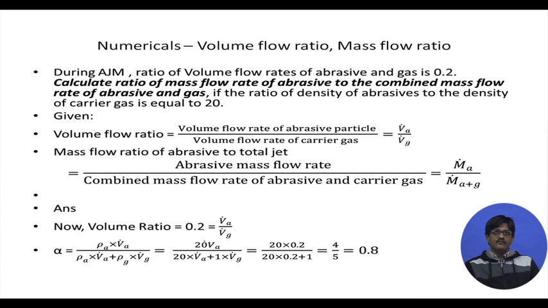So, that means volume flow rate of abrasive particle divided by volume flow rate of carrier gas is equal to 0.2. Now, calculate the ratio of mass flow rate of abrasive to the combined mass flow rate of abrasive and gas, if the ratio of density of abrasives to the density of carrier gas is equal to 20.